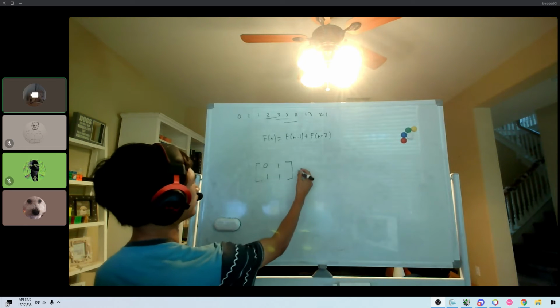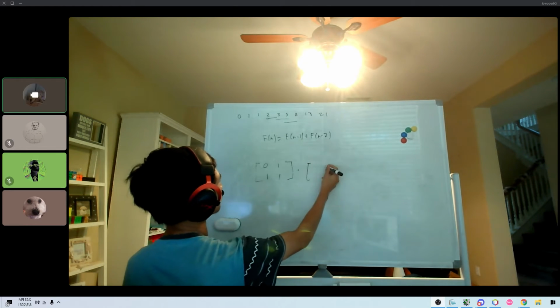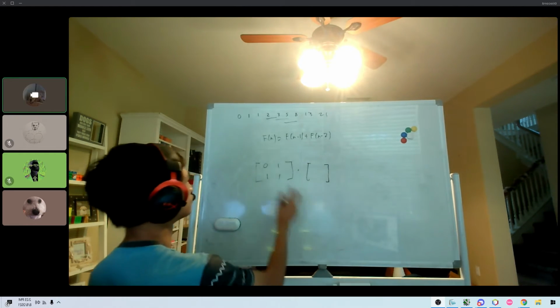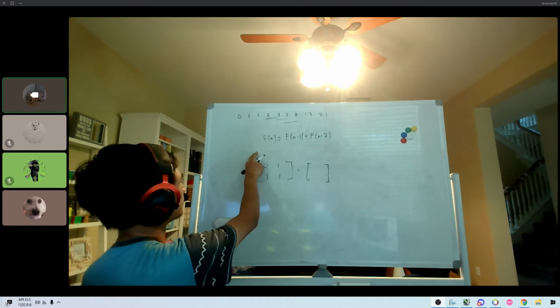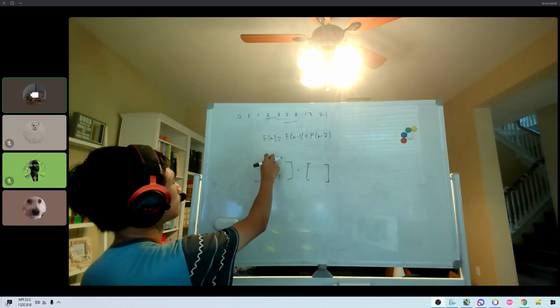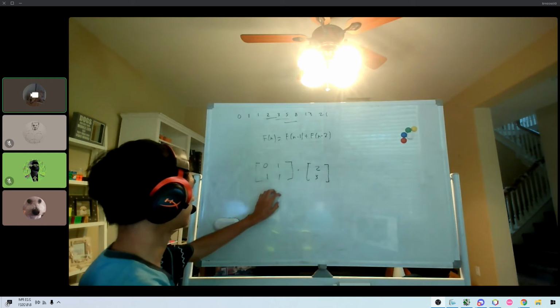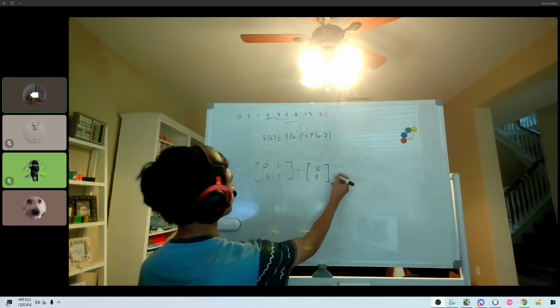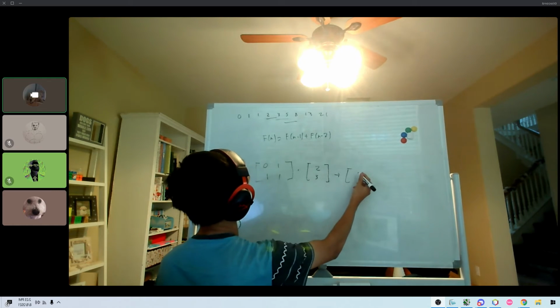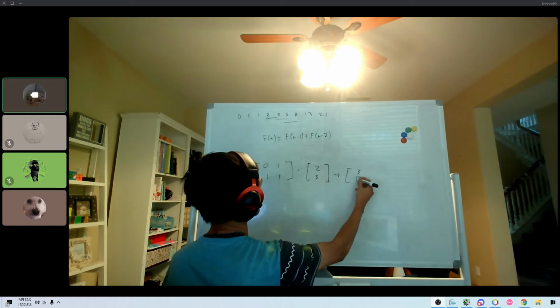So if we multiply this matrix by a matrix which holds two numbers in the Fibonacci sequence, for example 2 3, this will turn into 3 5.